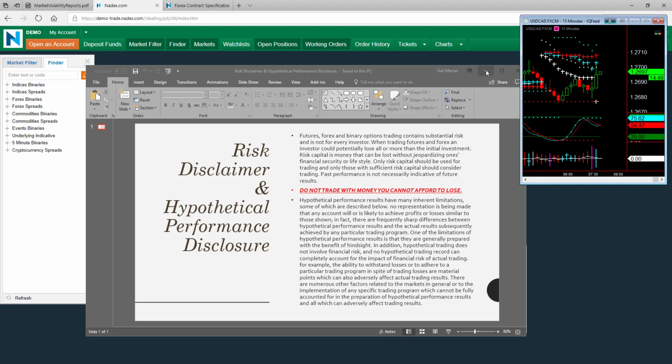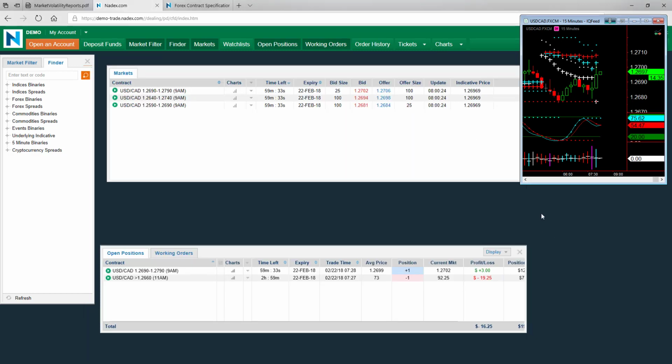Okay, we're going to go ahead and get started this morning because we are going to trade the Canadian retail sales report. Now, the Canadian retail sales moves about 48 pips, okay? And that would be measured from high to low. So this is a volatility-based trade.